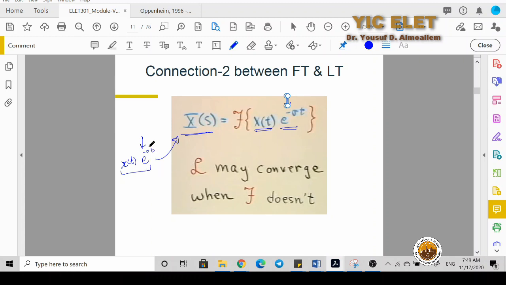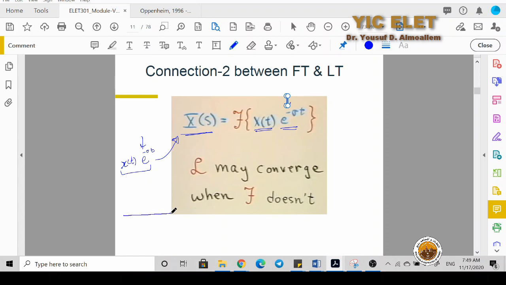So when we use this component, as you know, for x of t we cannot always find the Fourier transform. There is a condition that x of t would converge.